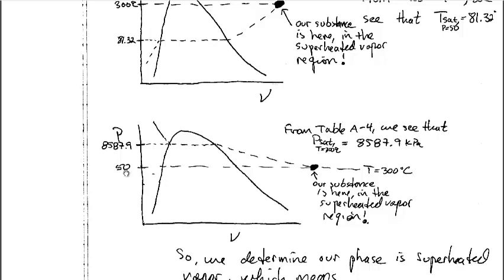Well, 50 kPa is obviously much less than 8,587.9 kPa, and it doesn't really matter where I draw it. I just arbitrarily draw it here, and I bring my line of 50 kPa over, and where that line intersects the line of 300 degrees C, that indicates what phase the substance is in. And so, of course, we've confirmed again that our substance is in the superheated vapor region.